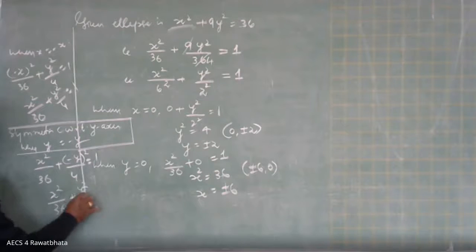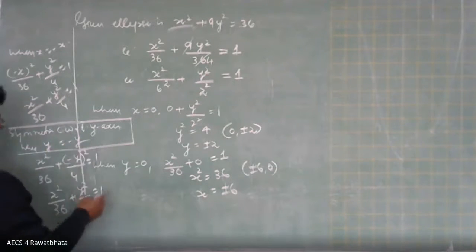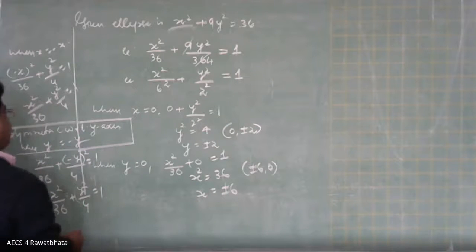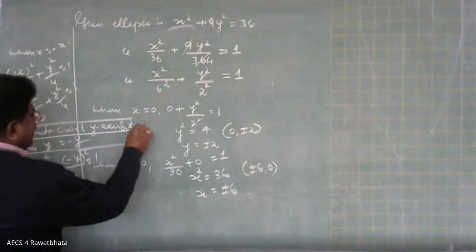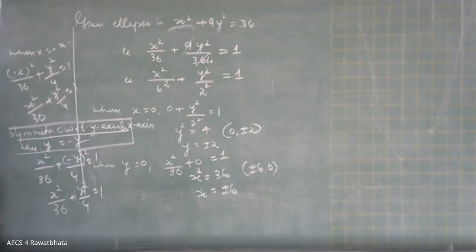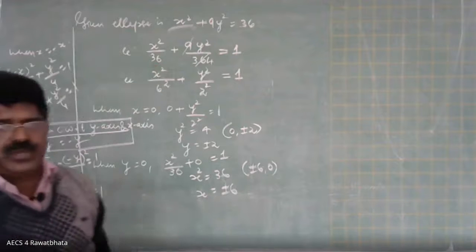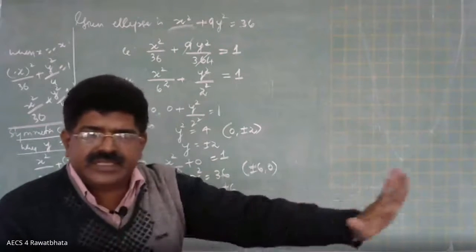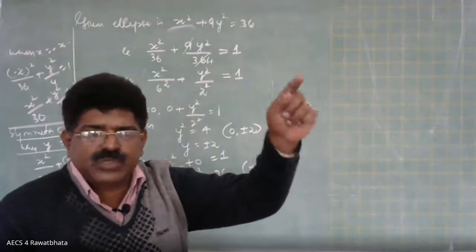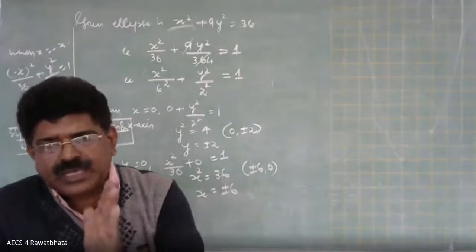So symmetric with respect to the y-axis and x-axis. Now when x is equal to minus x and y is equal to minus y, then also there is no change in the equation.